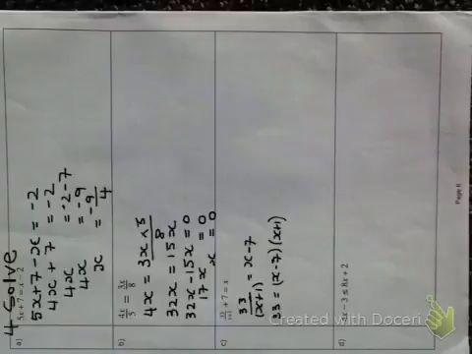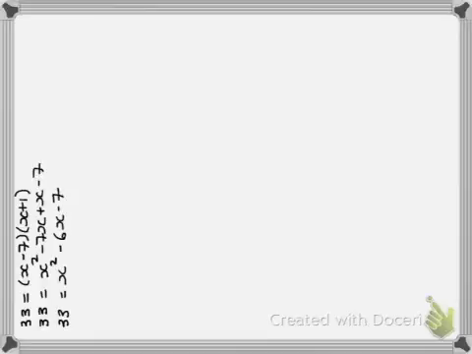And next what I'm going to do is expand out my brackets using FOIL. So x squared minus 7x plus 1x minus 7, and rewrite it as x squared equals minus 7 plus 1 is minus 6x minus 7.